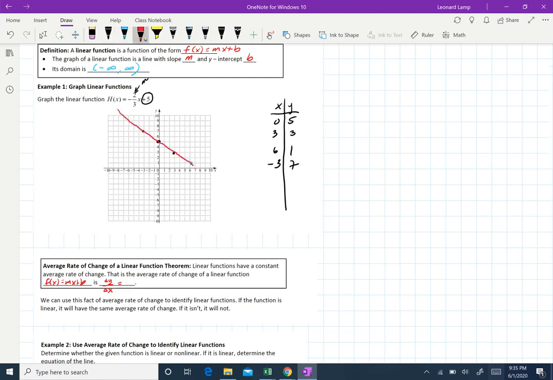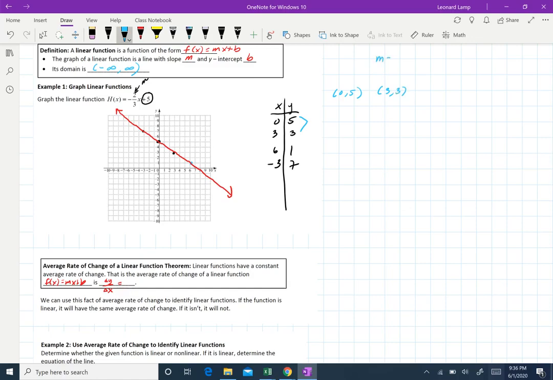So what I'm saying is now we're going to be looking at a table of values and determining, is this thing linear or not? And we can do that by looking at the slope between points and seeing that they're the same exact number. It's constant. What we're about to do in this table below is find the slope between these 2 points, looking at (0, 5) and (3, 3).